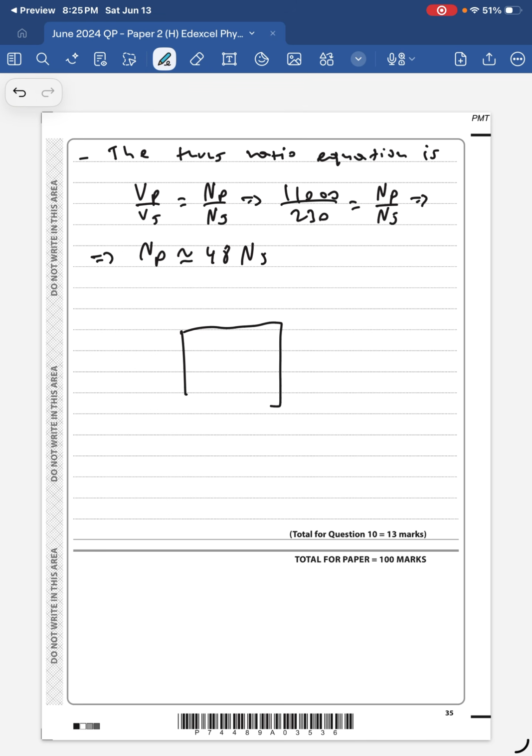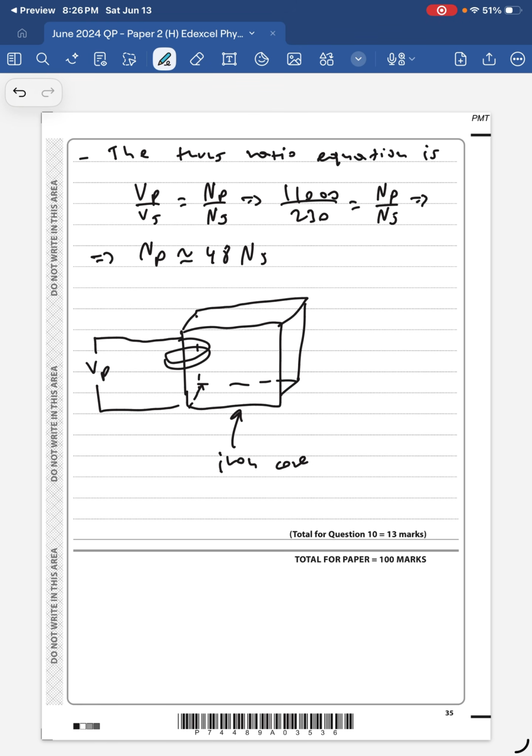I mean, okay, if you want to draw a diagram, this is the iron core. Okay, something like that. So that's the iron core, and you have way more turns, so this is going to be your primary voltage. Okay, and you need lots of turns here.